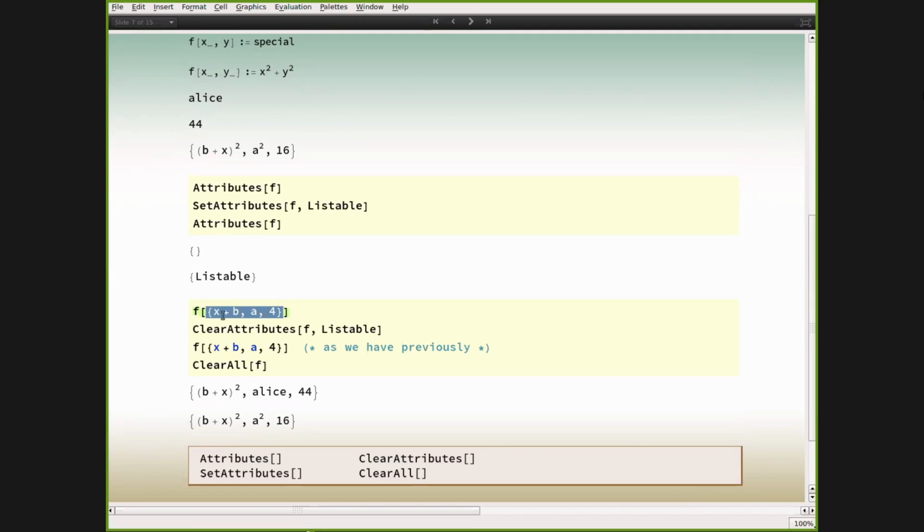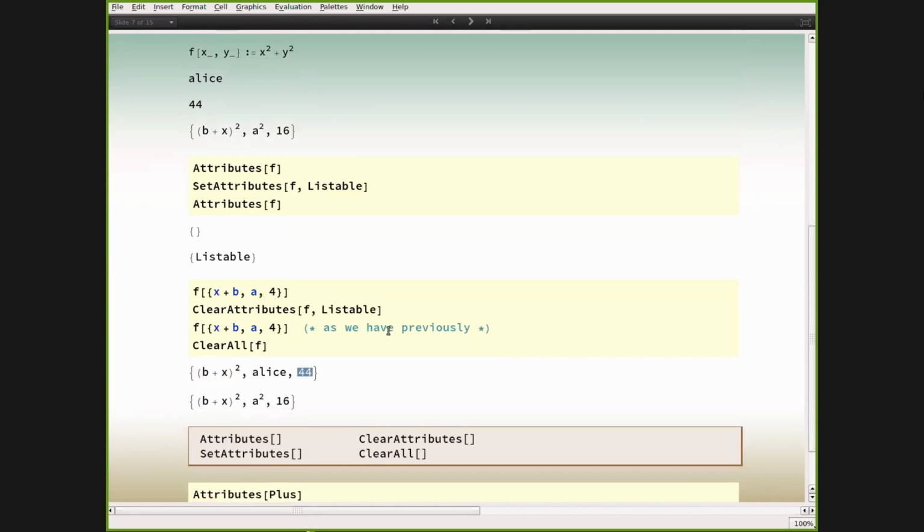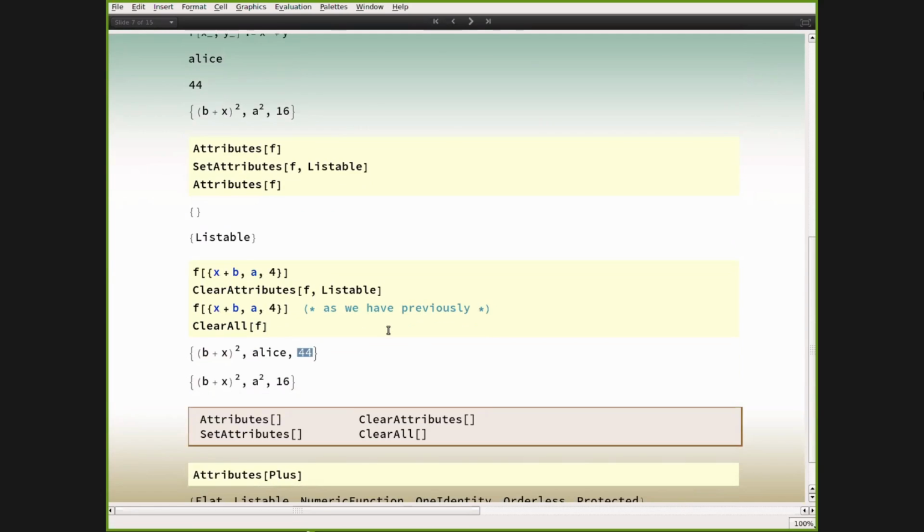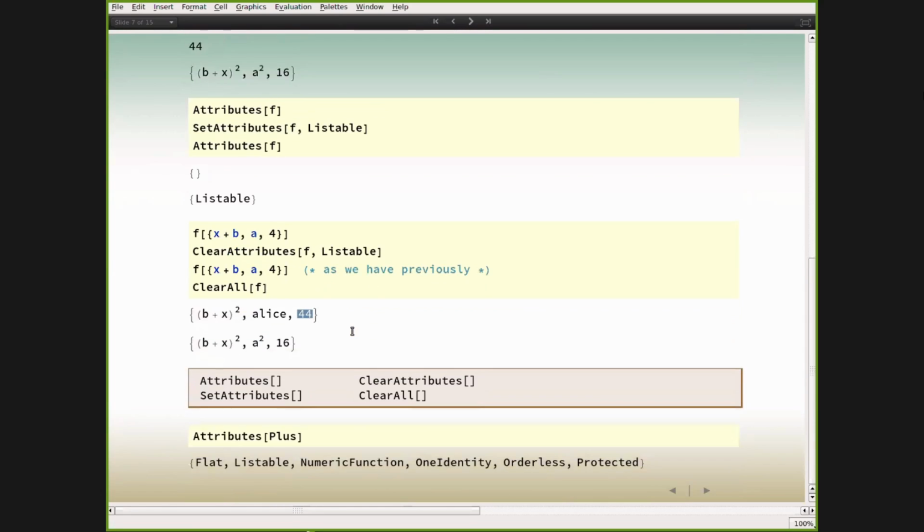So we will have f of x plus b, f of a, f of 4, and then the definition is applied. Now there is no case where the list is passed as a whole to the Power function. So now you can see that there is Alice and 44. So changing the attribute of a function changes its behavior magnificently. You can observe this here.